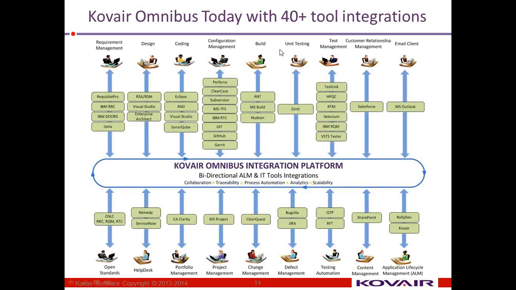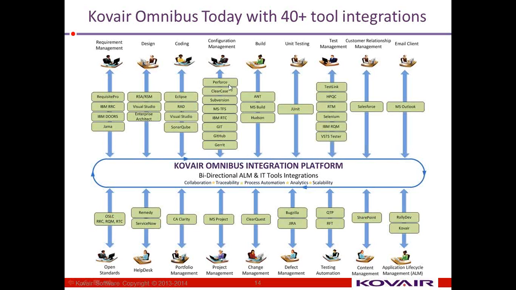And this is the last slide. This shows all the connected tools in Covea's ecosystem today. We have adapters for all these tools. We have 40 plus tool integrations today, and as you can see, for requirement management there are 4 tools including Doors, JAMA, Requisite Pro.